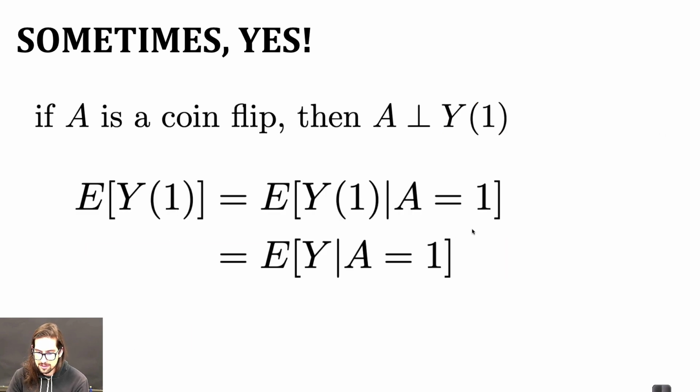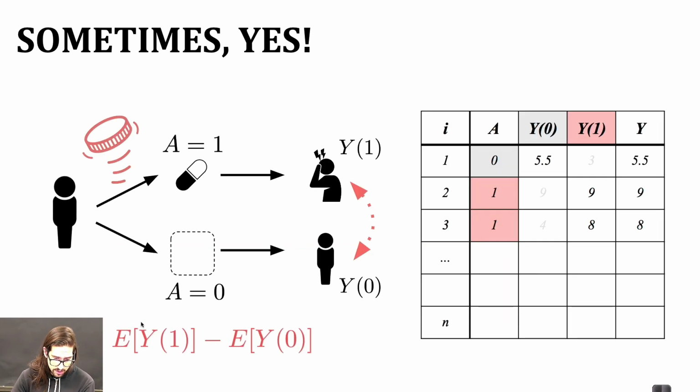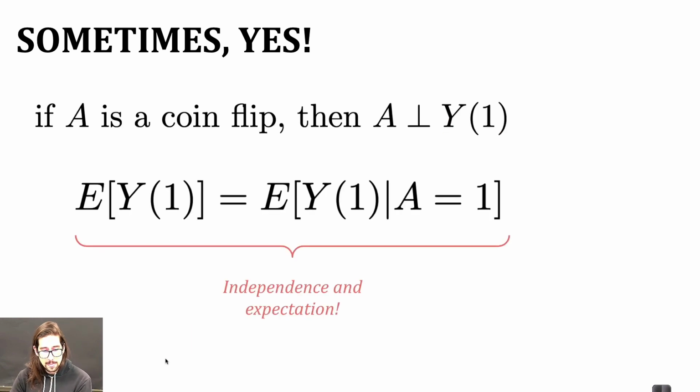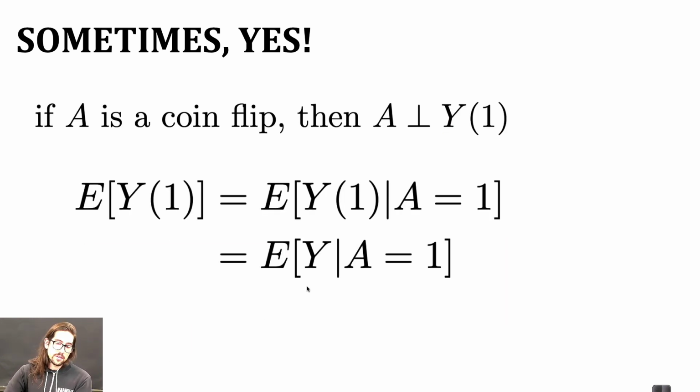Here I'm looking at just this subset, A equals 1, and in that subset, I can substitute y1 for y or vice versa. So I've gone from the expected value of y1, which is part of what I want, and I've shown that this is actually the same as this conditional expectation, which has no potential outcomes in it. Now I'm just talking about the observed outcomes, right? So there's no reference to potential outcomes. This is something I can actually estimate from real data.